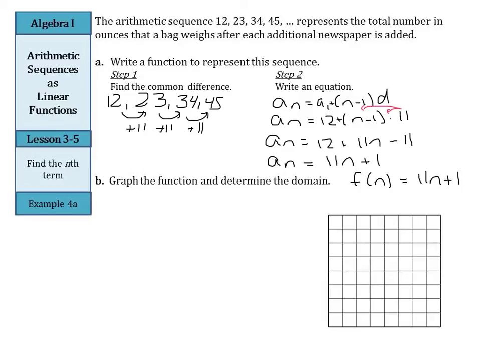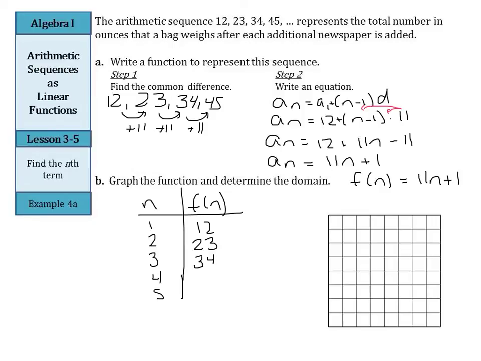Now, to graph the function and determine the domain, let's go ahead and make a function table here, n and f of n. We have 1, 2, 3, 4, 5. And our values were 12, 23, 34, 45, and we can come up with 56 here by adding 11 again. We can then go ahead and make our graph with the f of n there, the n down here.